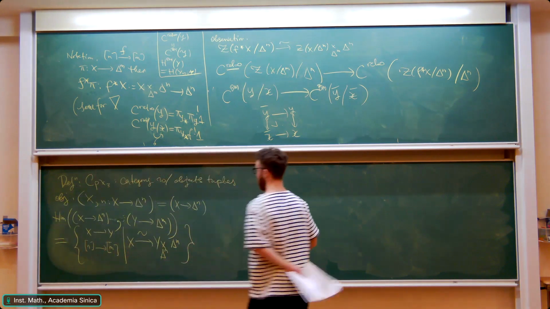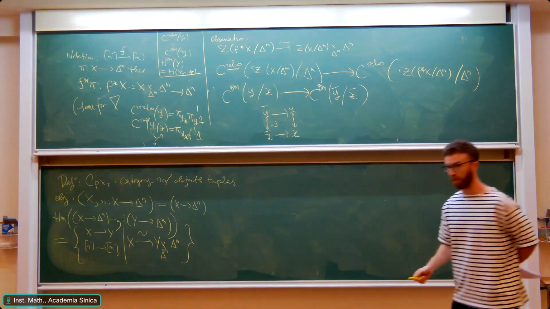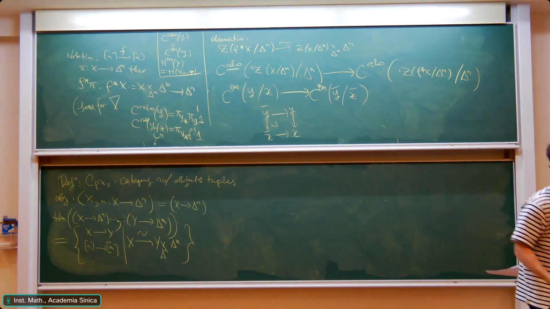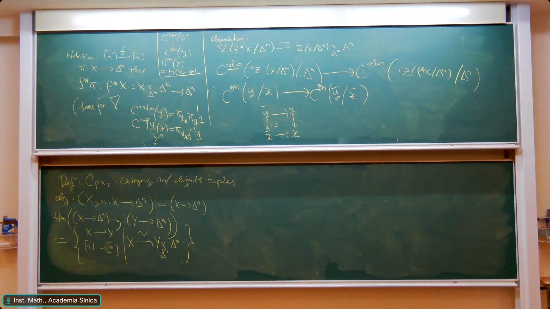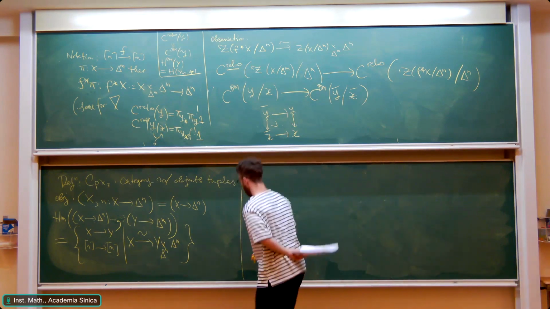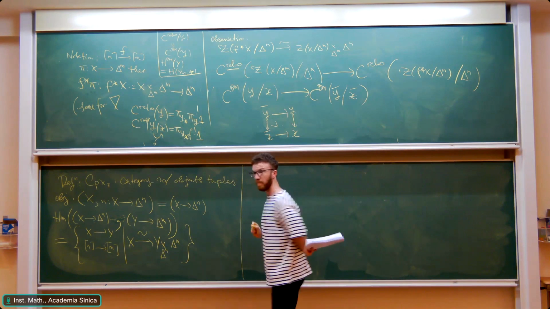This is constructed so that we actually have a functor out by taking relative Borel homology. Okay, so there's a functor.